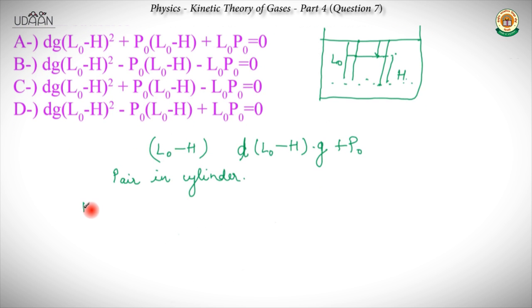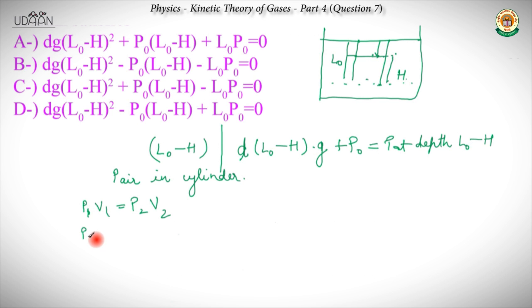So for that we have P1 V1 equals P2 V2. This was the pressure at depth L naught minus h. So now we come back to P1 V1 equal to P2 V2, where we have this point P2.